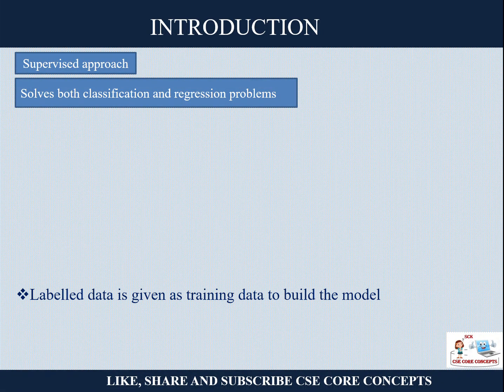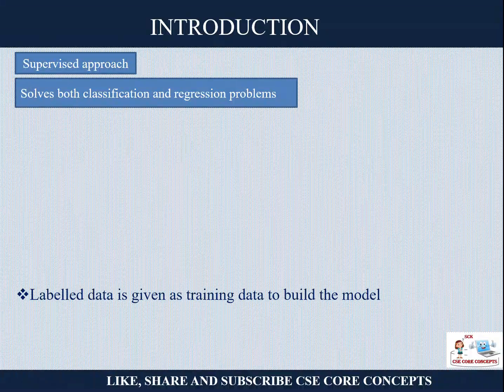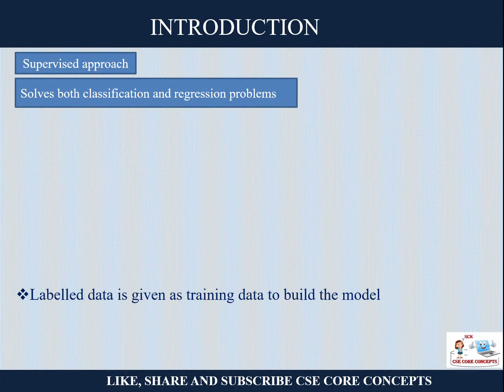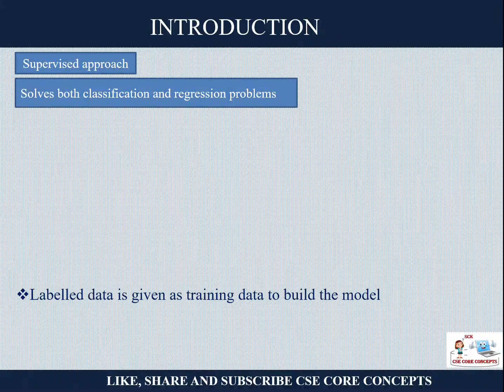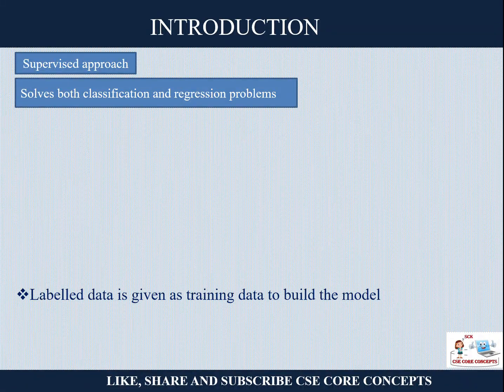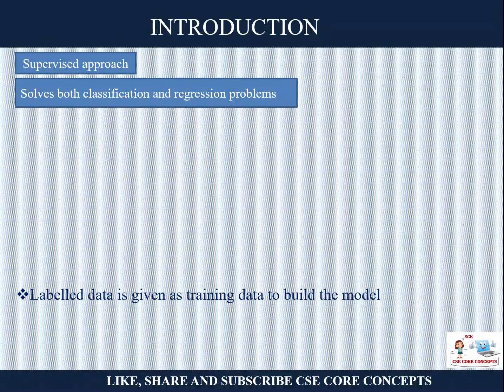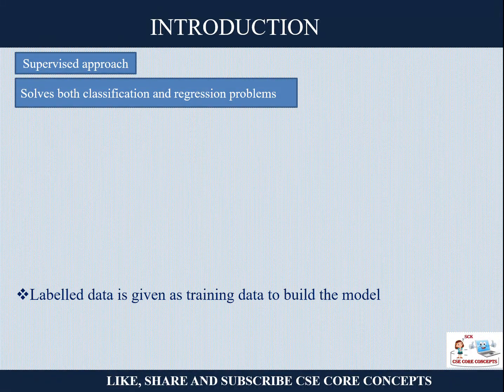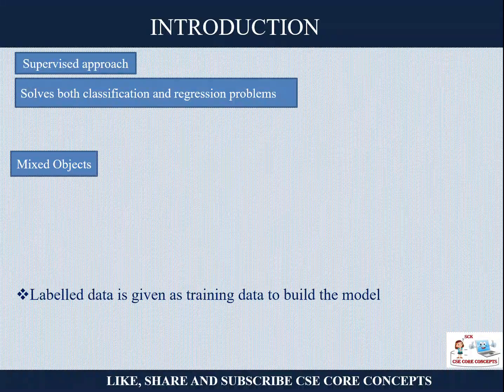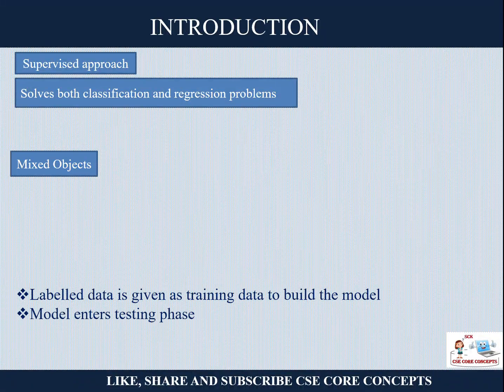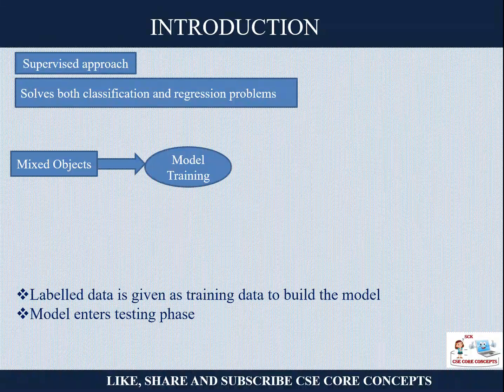So what we basically do here is that first we have labeled data which is given. Since it is a supervised approach, the classes are already decided a priori. So we are giving a mixed type of labeled data to build the model, that is the training data. Now this model enters the testing phase.